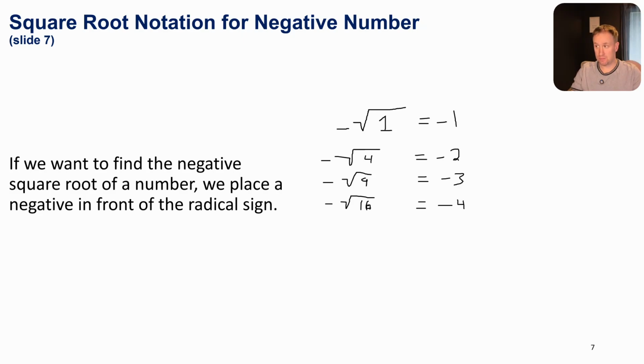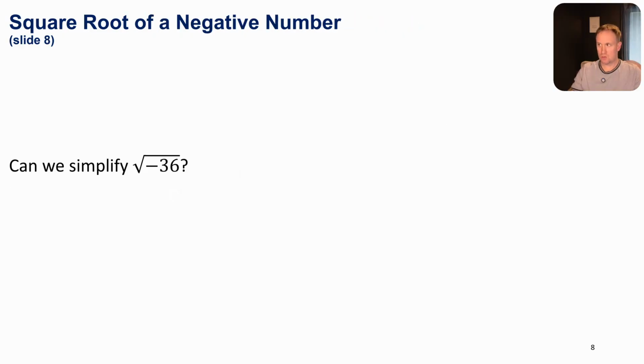Now, this brings up an interesting question. Can we simplify something if the negative is actually under the radical sign? So in other words, can we simplify the square root of negative 36? Well, basically what this question is asking is, is there a number that when you square it equals negative 36?